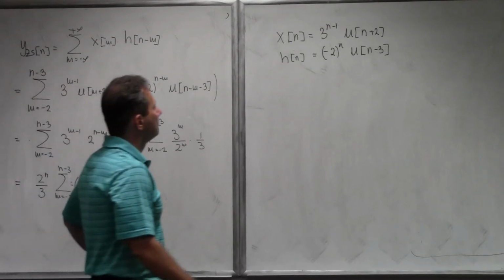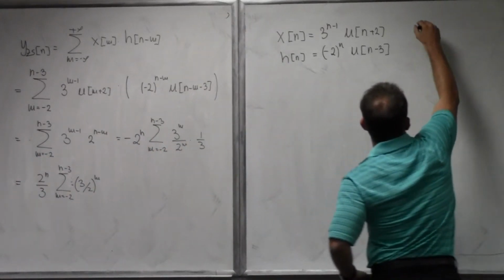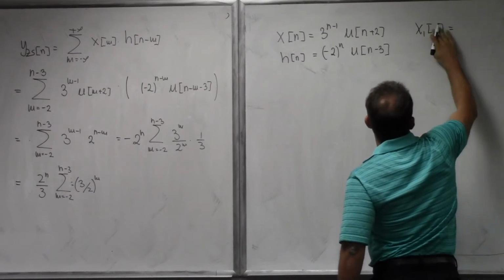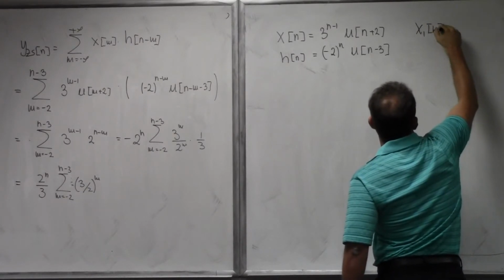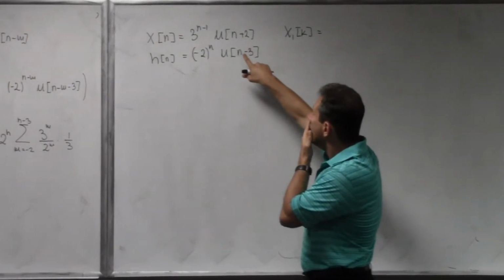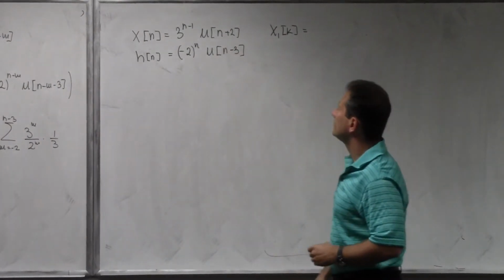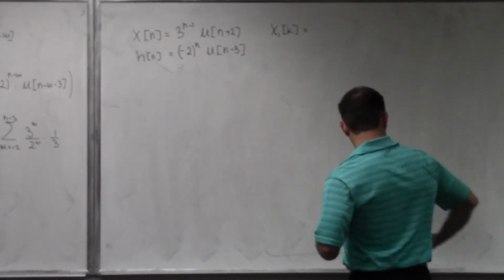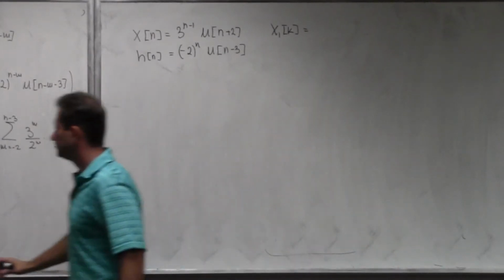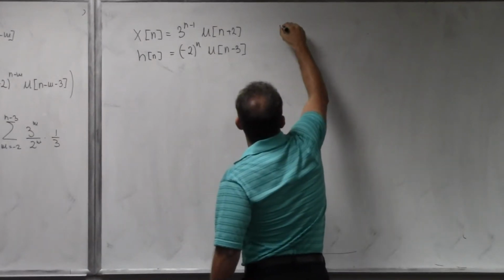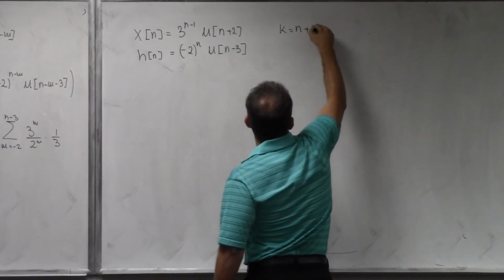So let me define x1 of n, or let me call this k, which is essentially this one, but instead of n, I'm going to introduce a substitution. k equal to n plus 2.